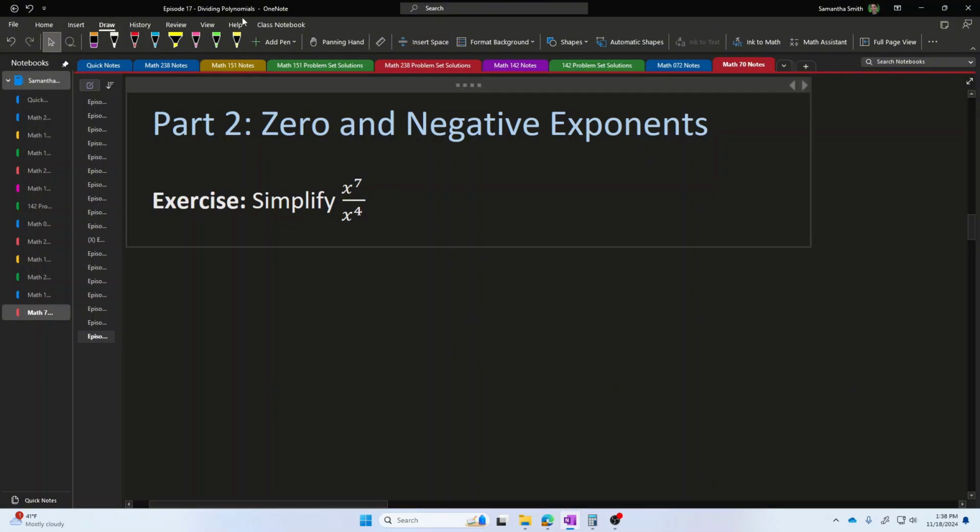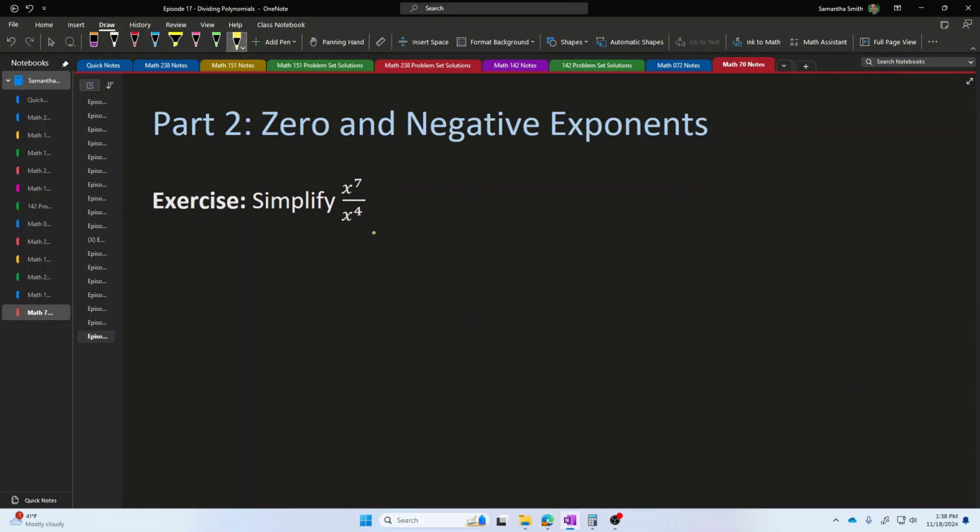power 4. Now, let me begin in this problem using the same technique that we learned in part 1, where I will, in the numerator, write out 7 copies of x multiplied together, and in the denominator, write out 4 copies of x multiplied together.